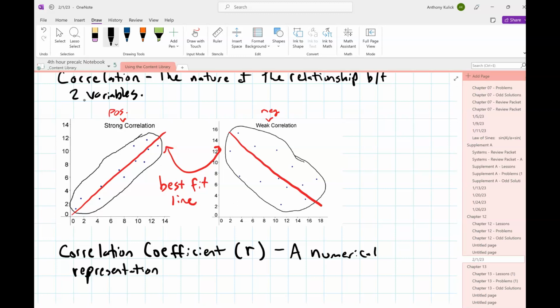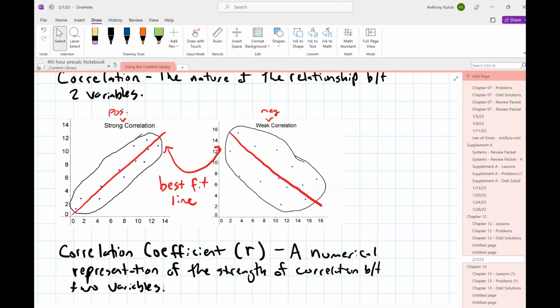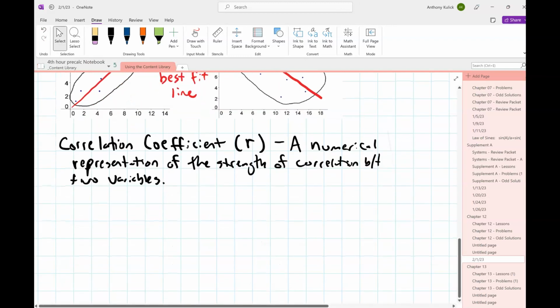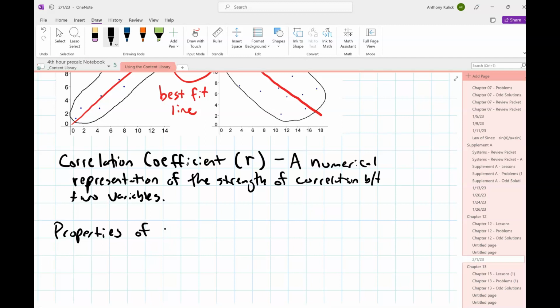It's just a numerical representation of the strength of correlation between two variables. So let's talk about the correlation coefficient.